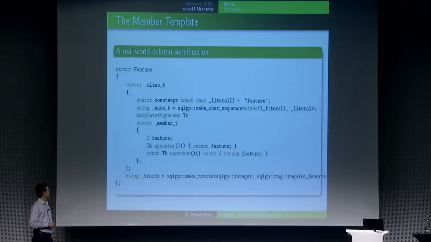We see that this column has certain traits. It's an integer value. It is required if you do an insert statement. This is one of those values that you have to provide. So in addition to the SQL language by this library that you can use if you want to.